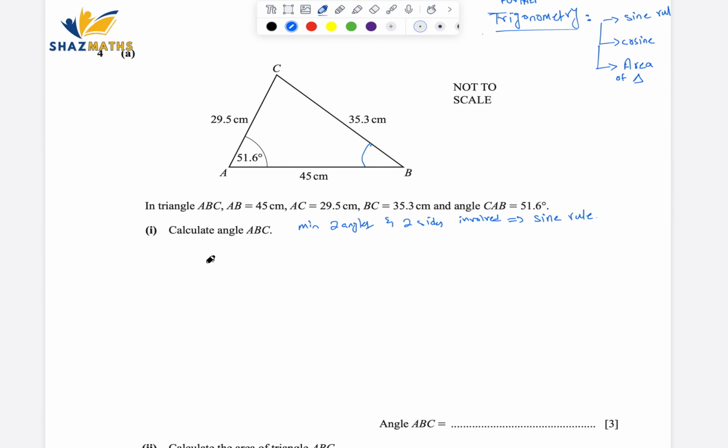Because this B is unknown, I'm gonna keep the angles in the subject. So sine of B over 29.5 equals sine of A, that is 51.6. So sine of 51.6 over 35.3, and you solve it out.